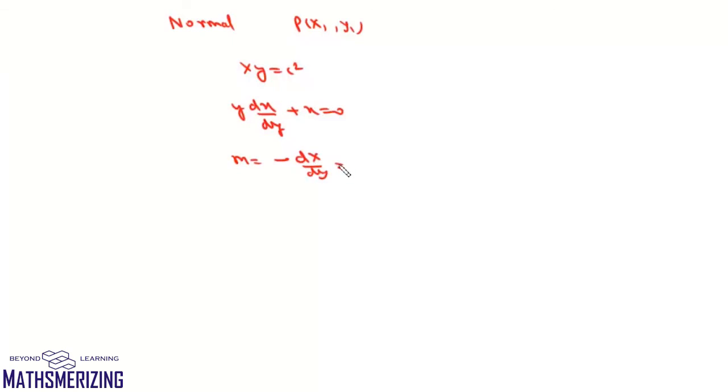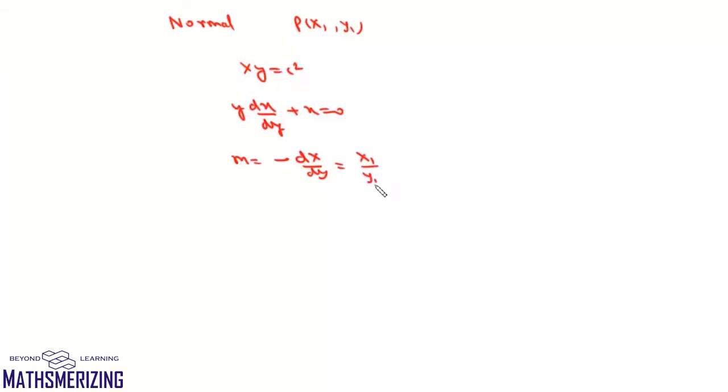Now another way to write the equation of normal to the hyperbola is in terms of a given point x1 and y1. Now this point lies on the curve. Now we'll differentiate. We can write y dx upon dy plus x equals 0. Now the slope of normal will be minus dx upon dy, and it will be x1 upon y1.